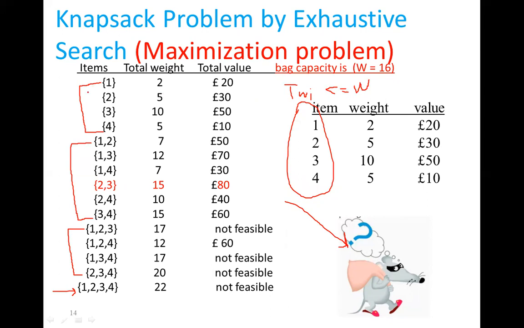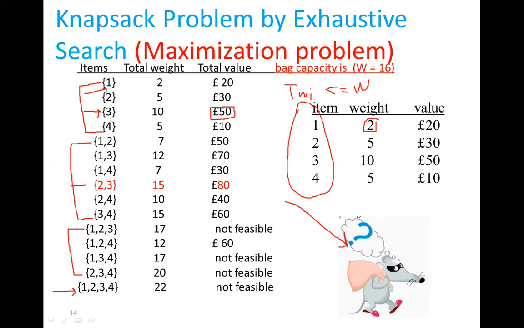So if we put item number 1 in the thief's bag, the total weight will be 2 pounds, and the value will be 20. But if we put item number 3 in his bag, the total weight will be 10, and the value will be 50.